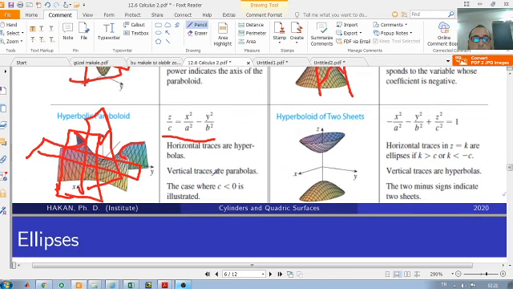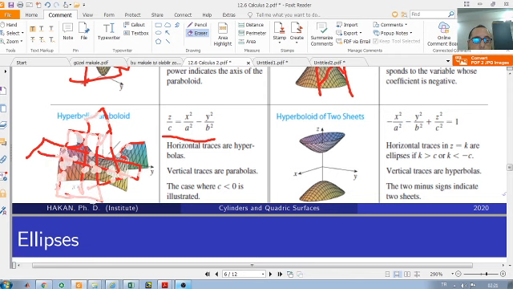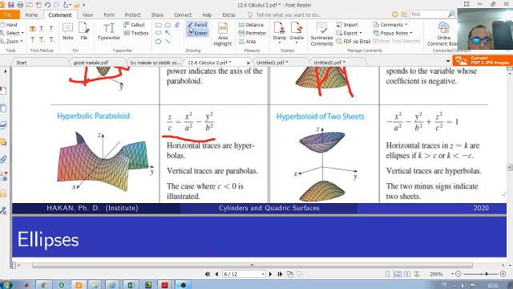Therefore vertical traces are parabolas, and you can determine the traces on the graph after understanding the intersections of the vertical and horizontal planes with the graph of the hyperbolic paraboloid. For example, you can see the horizontal curve here, and vertical traces can be shown like this.